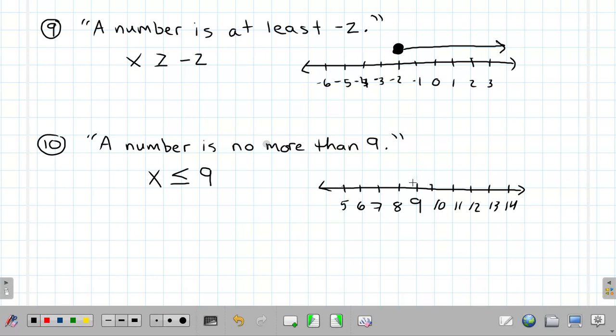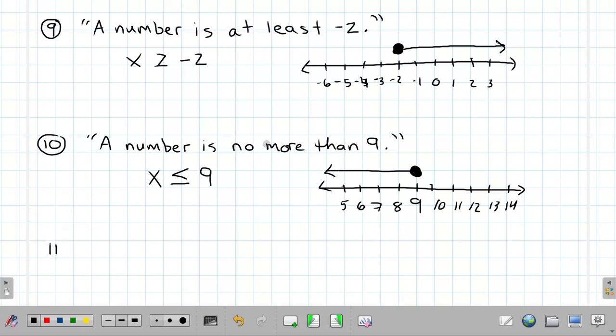It's a little bit more poorly drawn, but here we've got x can be less than or equal to 9. So no more than 9 means it could be 9 or less, so my arrow has to go to the left. We want numbers that are either equal to or less than 9.